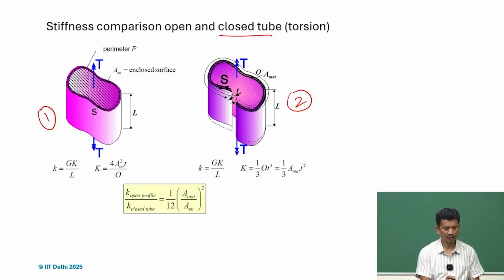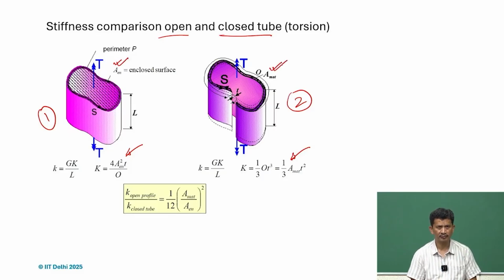When we compare the stiffness of the two under torsion, we realize that if it's closed, the entire enclosed area will come into the picture. On the other hand, if it's open, only the area of the material will come into the picture.